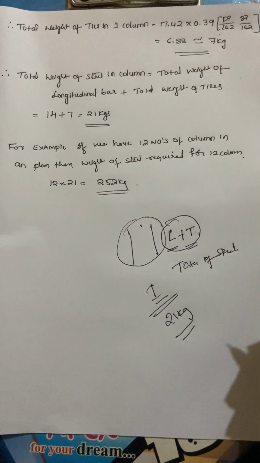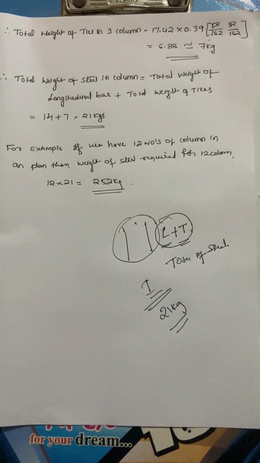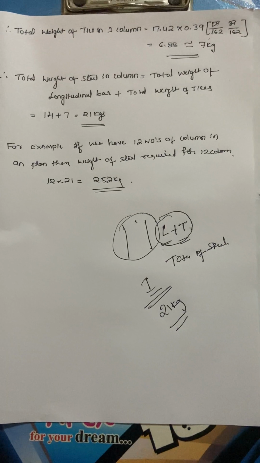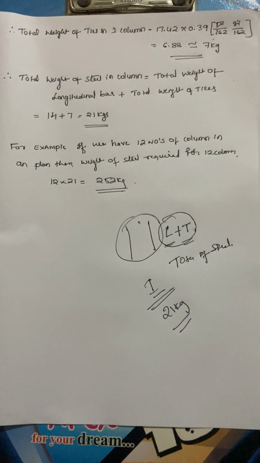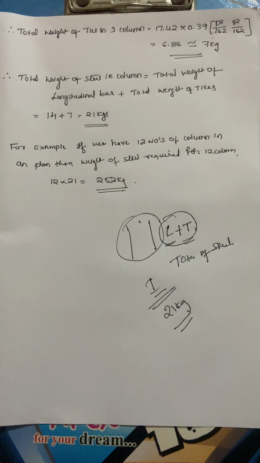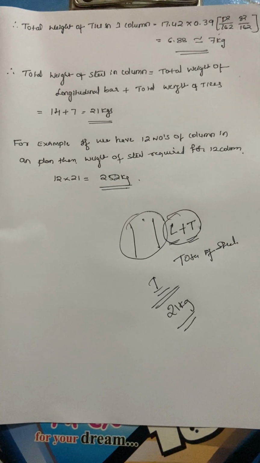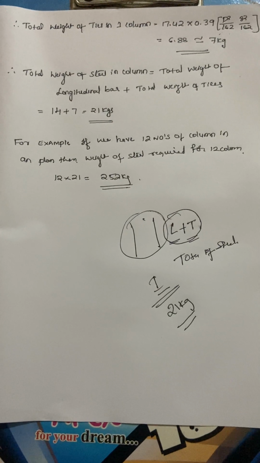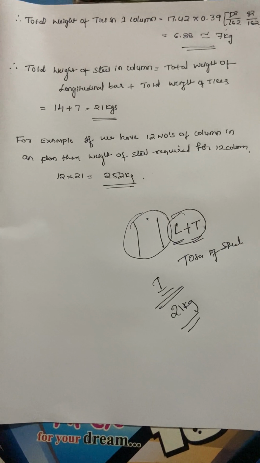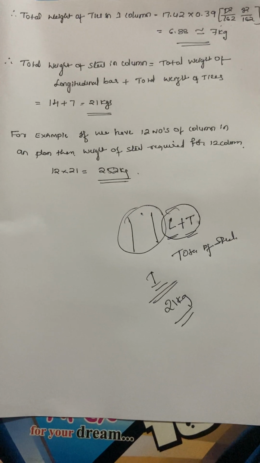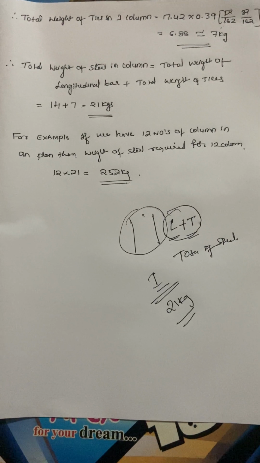As I said, if there are 100 or 12 or 8 columns, depending upon the type of building, whether it is a commercial building, a school building, a house, or a small shop, depending upon the plans, you will know how many columns are required to construct in that particular plan.